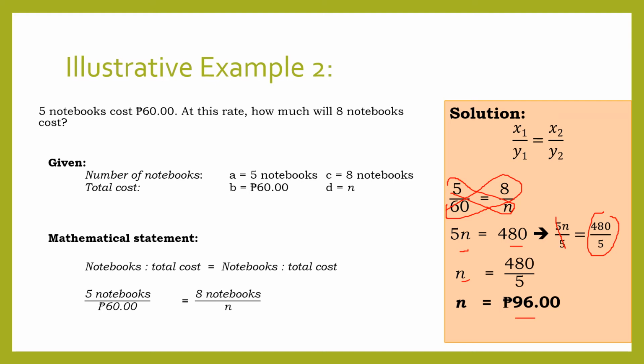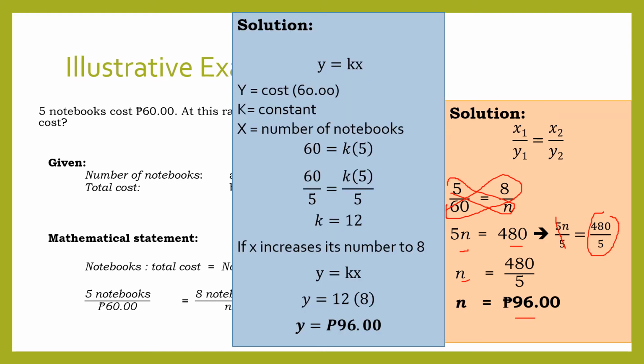Another solution to find the answer is using this formula: y is equal to k times x. So let y be the cost, which is 60 pesos, and we are going to look for our constant, which is k, and let x be the number of notebooks, which is 5.